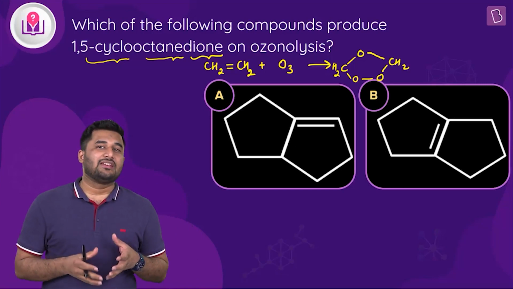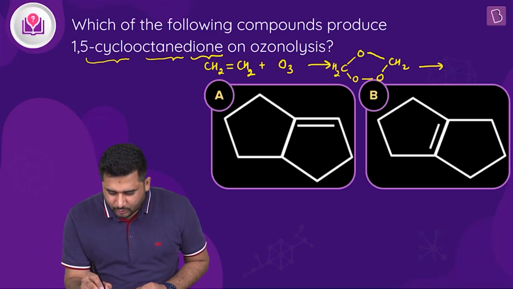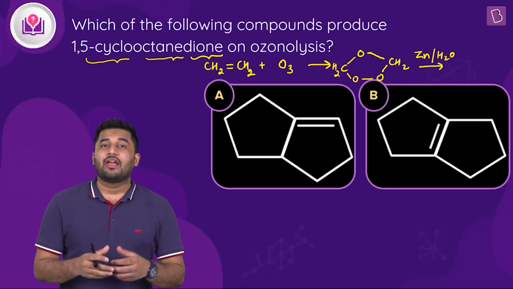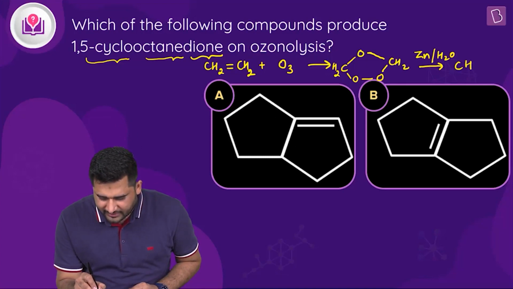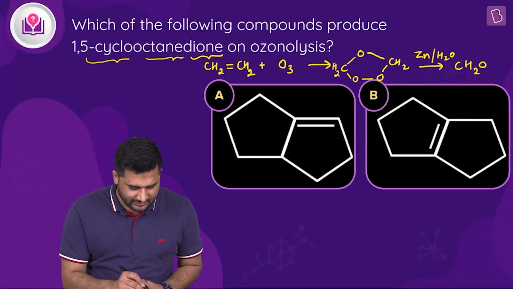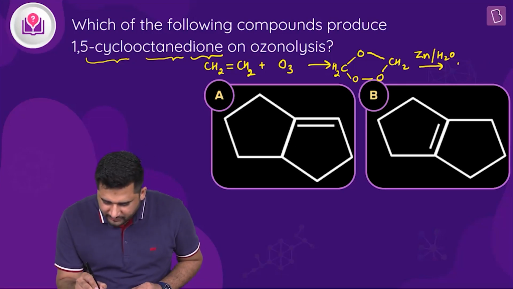Okay, so now you can see this is forming an ozonide intermediate which then is made to react in the presence of zinc and water, and thus it will give you 2 molecules of formaldehyde, CH2O. Let us write it in a better way. What it will give you is HCHO, 2 molecules of it.